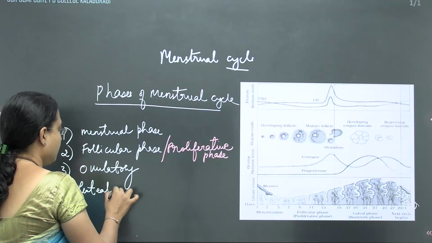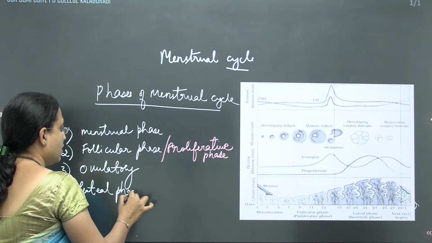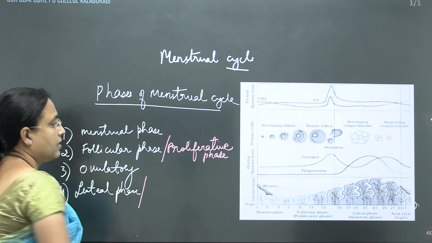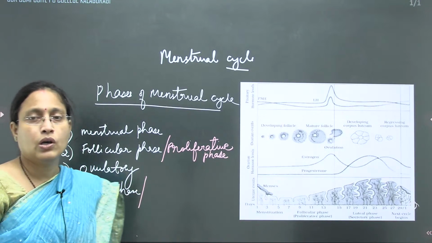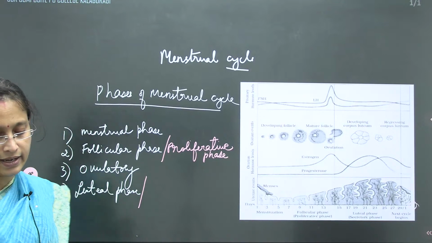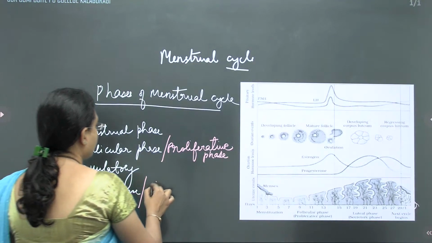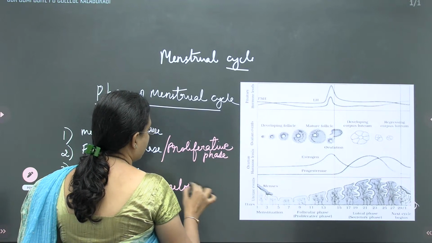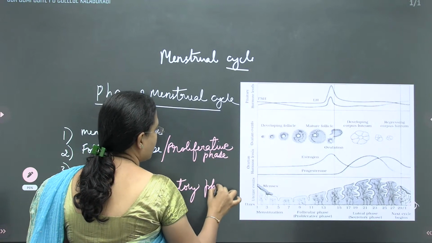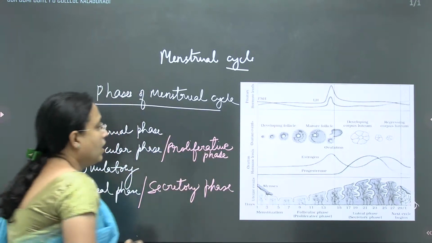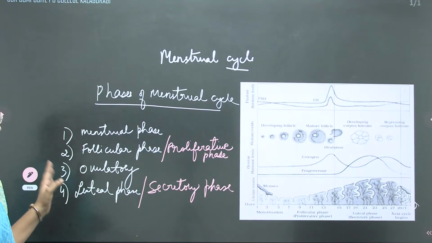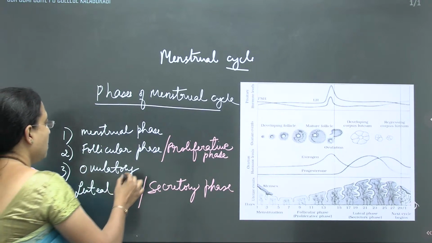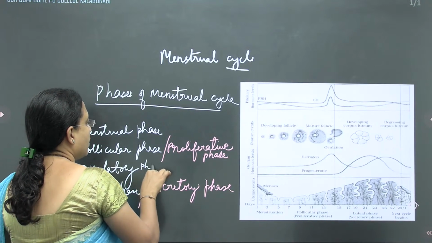The luteal phase is also called the secretory phase. So these are the four stages occurring in the menstrual cycle.